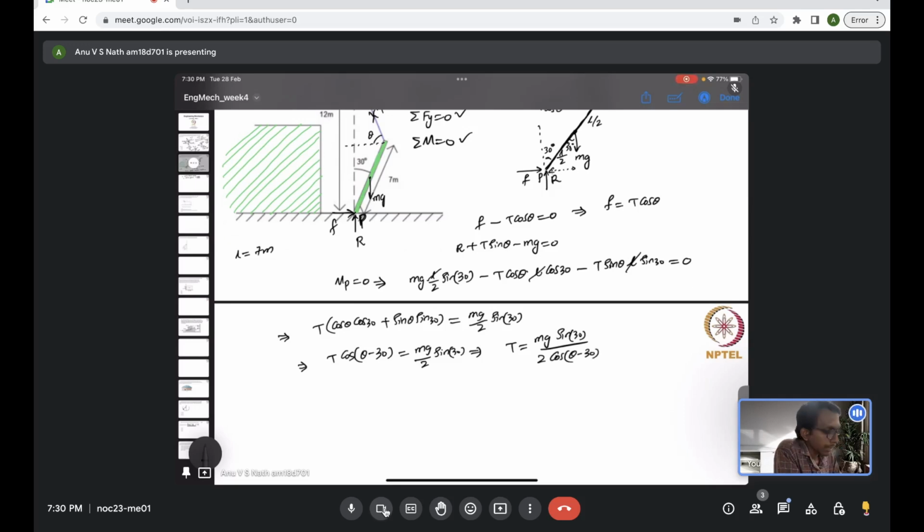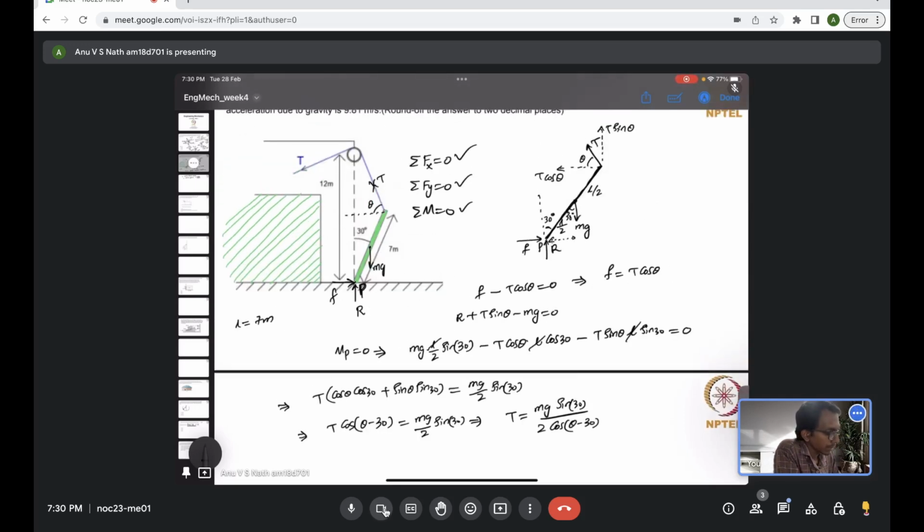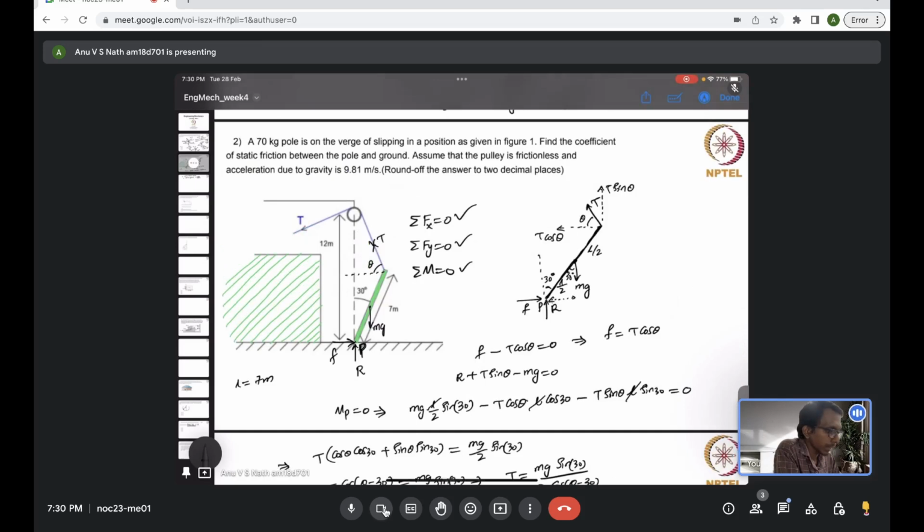Now we really need to evaluate the angle theta, then only we can evaluate the tension. For that, if you come back to this figure and see the triangle, let me call that A, B, C. It's a right angle triangle because this angle is 90 degrees.